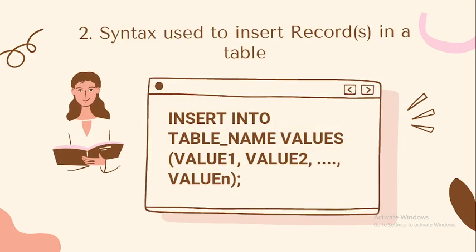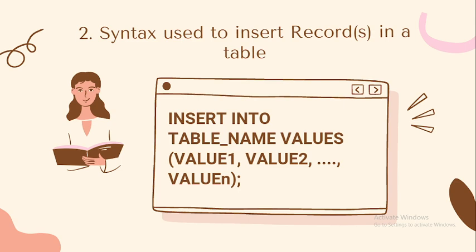Second, what syntax we have to use to insert records in a table. Here I come with the solution, a very simple syntax we can use in order to insert some records in our table. Insert into table name. Here table name is nothing but the name of the table where you are going to insert some records.